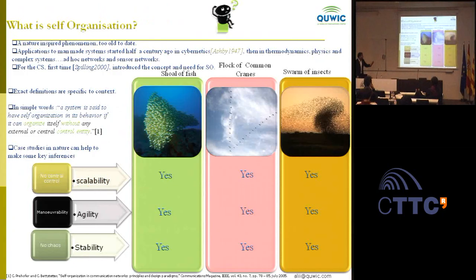For example, here, it should not be like that: okay, this shoal of fish is maintaining itself when nobody is around, but when a shark comes, it breaks apart. So then it will lack stability. So it's not meeting its objective.